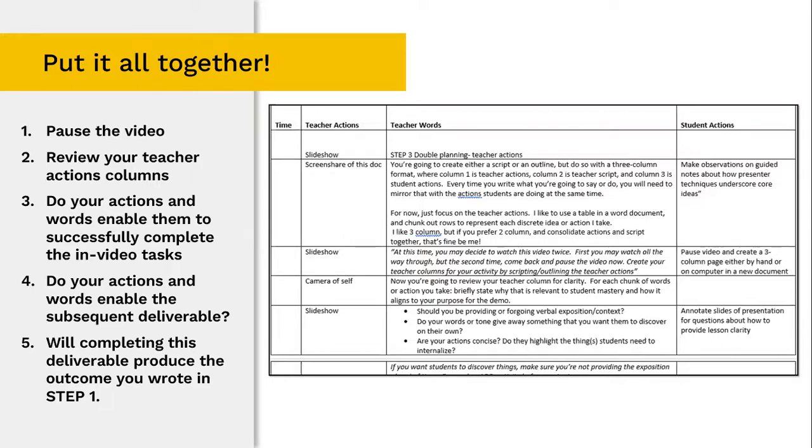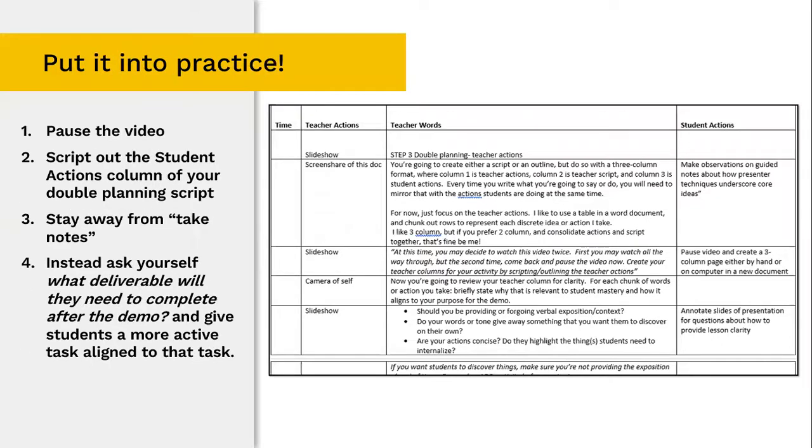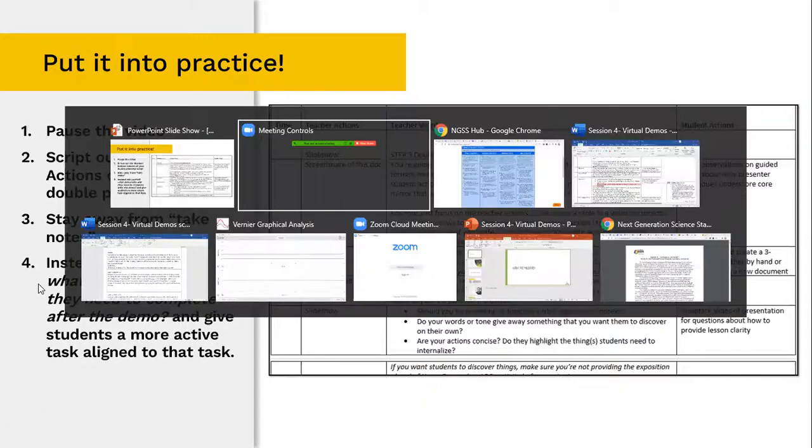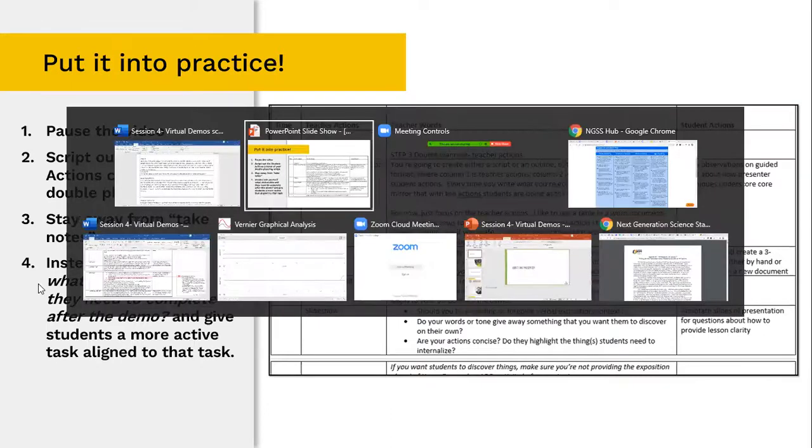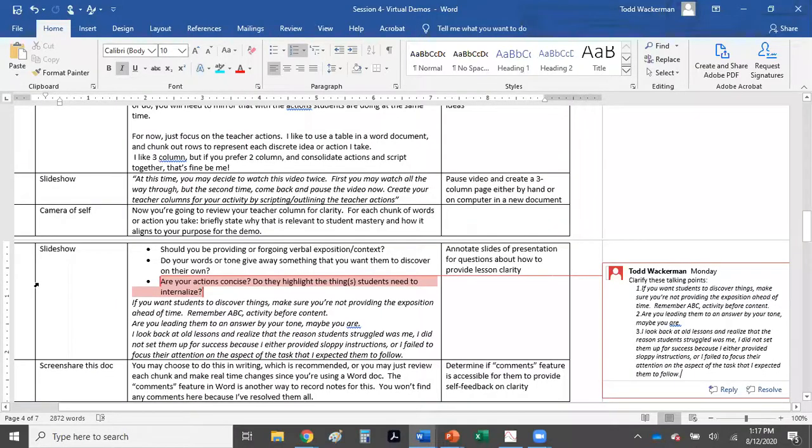Okay, so we are right here, and at this time, we're actually getting close to being finished. So what I want you to do now is go back through your planning document, your script. Let's see if we can pull that up one more time. There we go. And make sure that the actions that students take during the video actually align to the SEP-based deliverable that you're assigning afterwards.